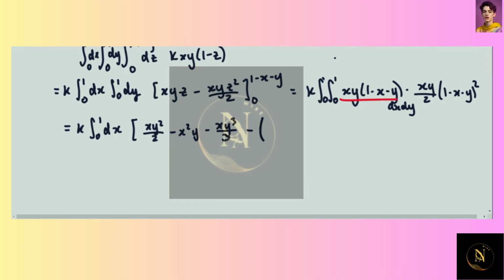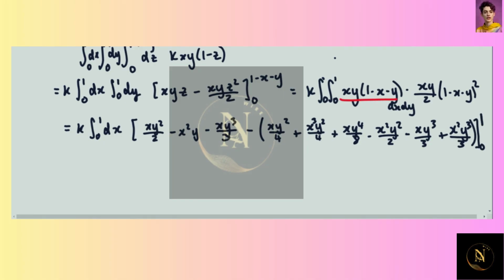If we expand out the 1 minus x minus y squared and integrate up, we're going to get an xy squared over 4 plus xy, plus x cubed y squared over 4 plus xy to the 4 over 8 minus x squared y squared over 2 minus xy cubed over 3 plus x squared y cubed over 3. And all of that is evaluated for y being between 1 and 0.